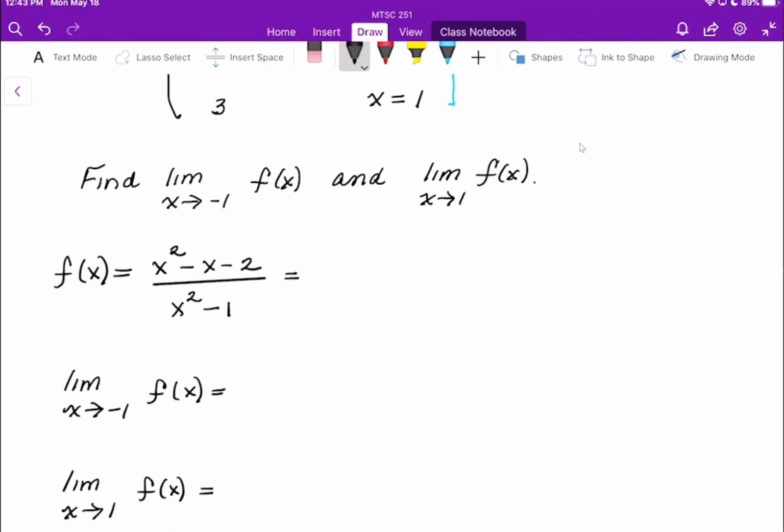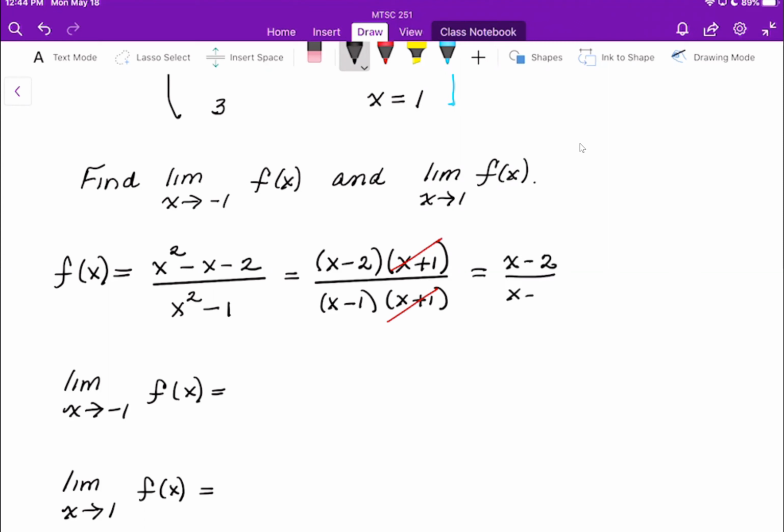So this factors into x minus 2 times x plus 1 divided by x minus 1 times x plus 1. As we can see, we can algebraically divide out the x plus 1s. And this function, when x is not equal to minus 1 and 1, is just x minus 2 over x minus 1.